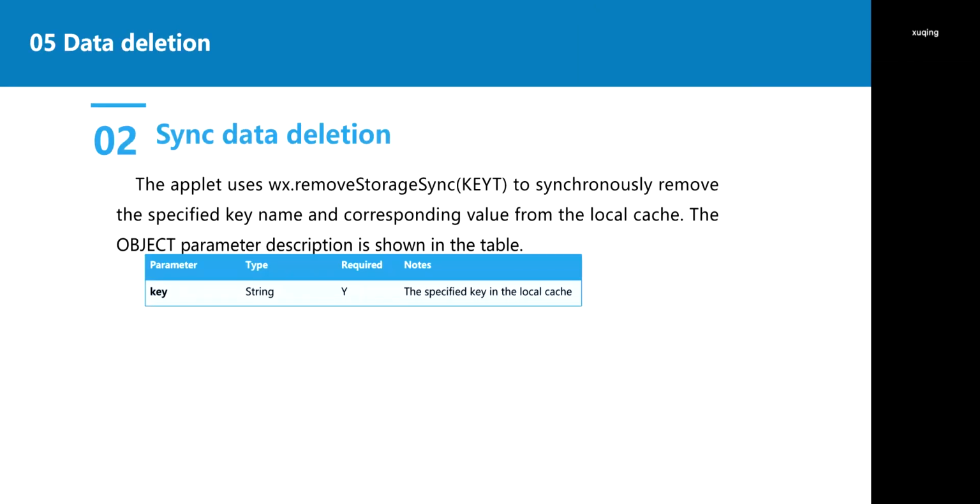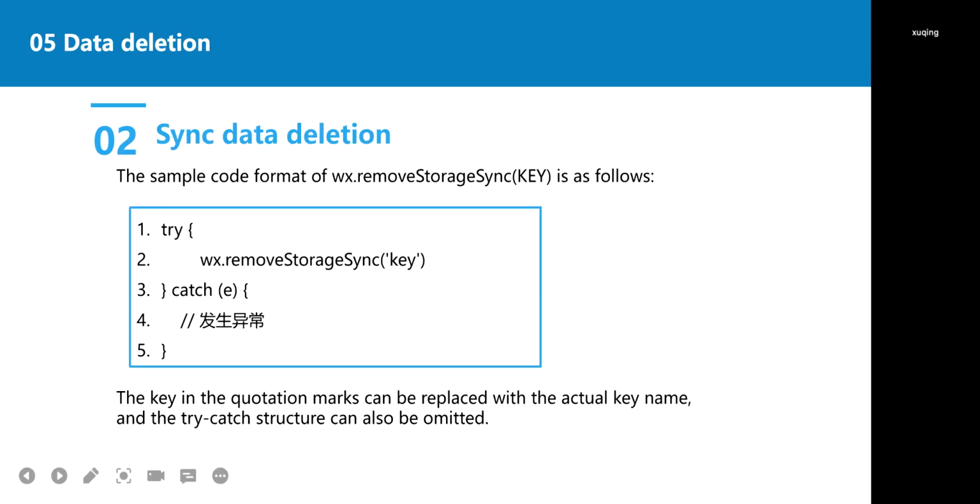And now we'll see synchronous data deletion. The applet uses wx.removeStorageSync to synchronously remove the specified key name and corresponding value from the local cache. We have one parameter here, key. It's the specified key in the local cache. It's the sample code format of this wx.removeStorageSync function.